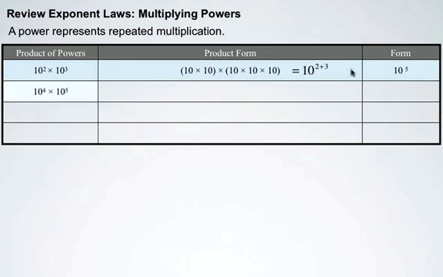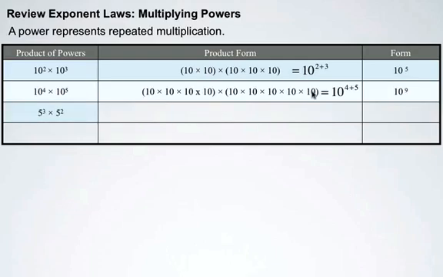How about 10 to the 4 times 10 to the 5? That's nine 10s multiplied together. That's 10 to the 4 plus 5, which is 10 to the 9. There are 9 tens. So, 10 to the exponent 9.